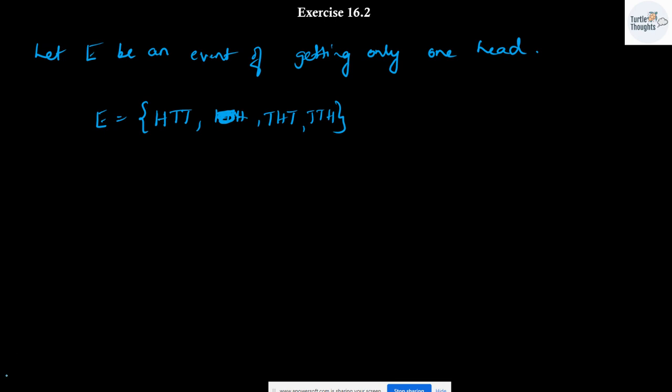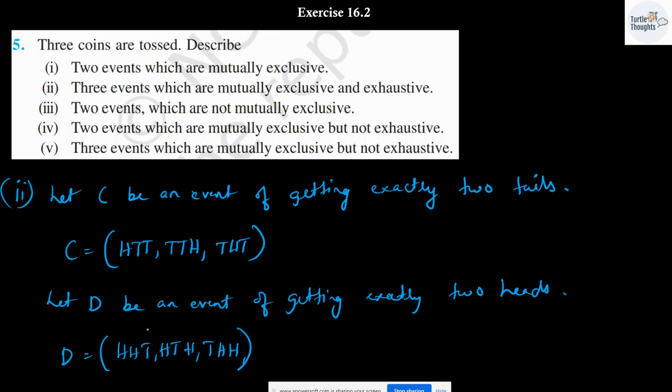Now again, you can find out if there are any common elements. Are there any common elements in C and D? No. No common elements in C and D. Therefore, C and D are mutually exclusive events.